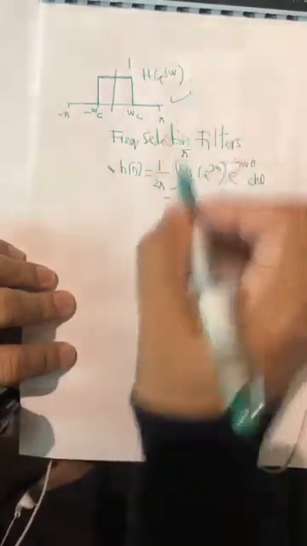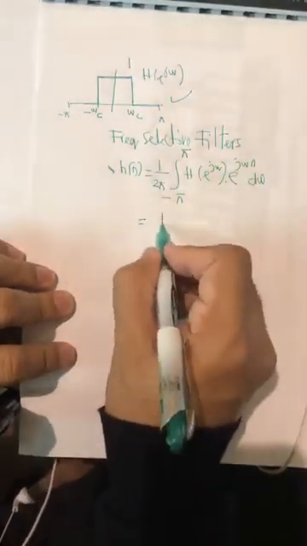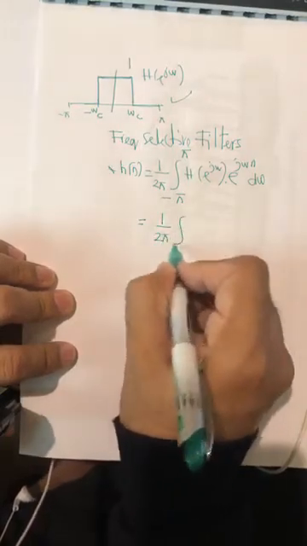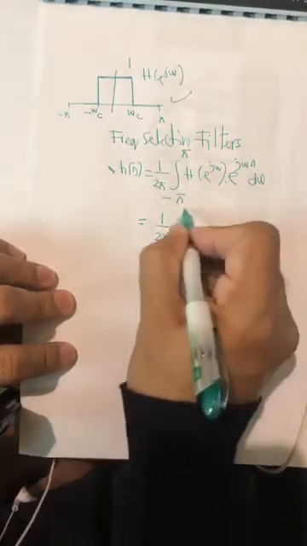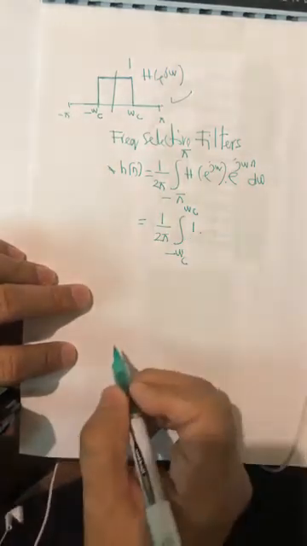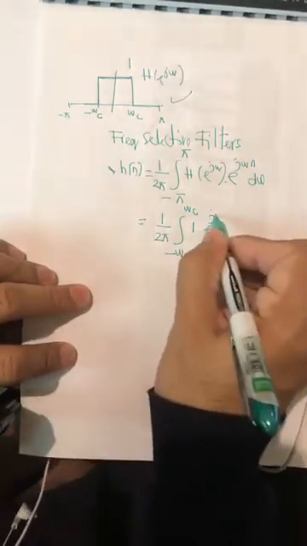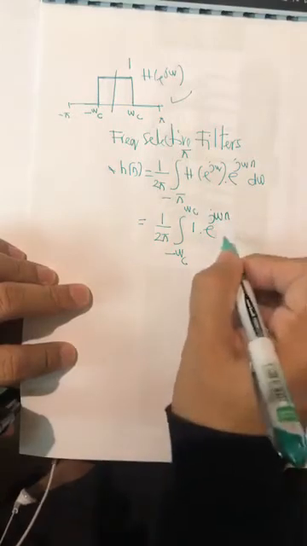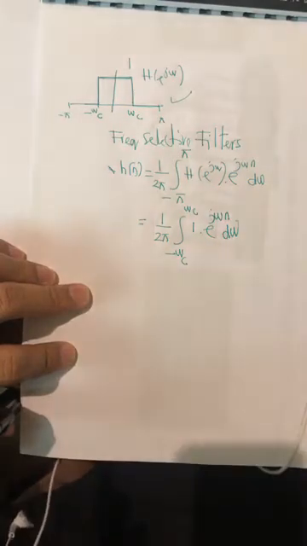So now this is our h. h is 1 from minus omega c to omega c, and its value is 1, with exponential j omega n d omega. So this is what you get.